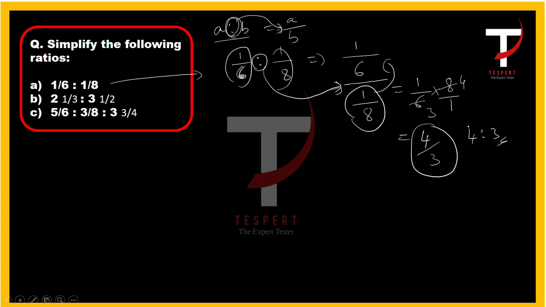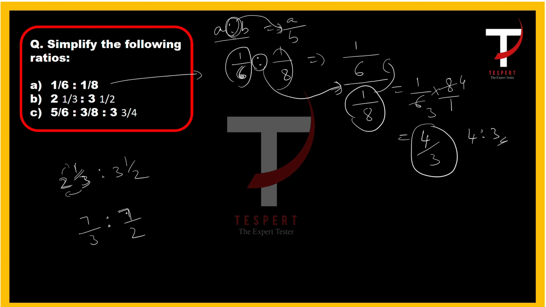So second one, 2 1 by 3 is to 3 1 by 2. So these are mixed fractions. So convert them into improper fractions. So 3 2s are 6, 6 plus 1, 7 by 3 is to 7 by 2, right?